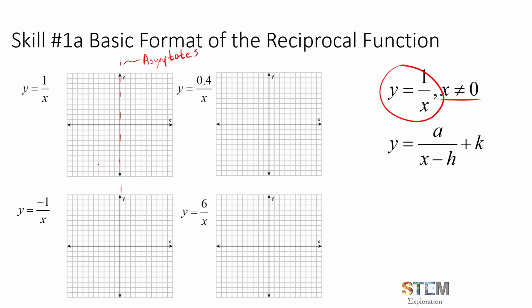The basic format for a parent function, your generic parent function for the reciprocal function family, simply gets infinitely closer to the x-axis as you go to negative infinity, and then it starts to break away a little bit and forms a mirror image here and starts to do the same thing down here.